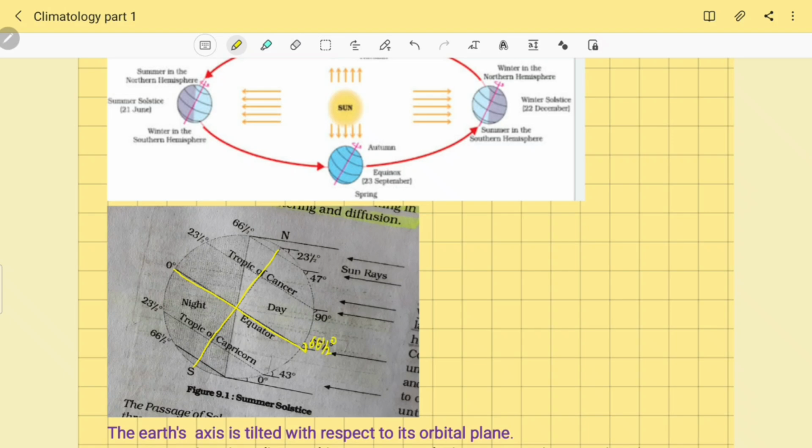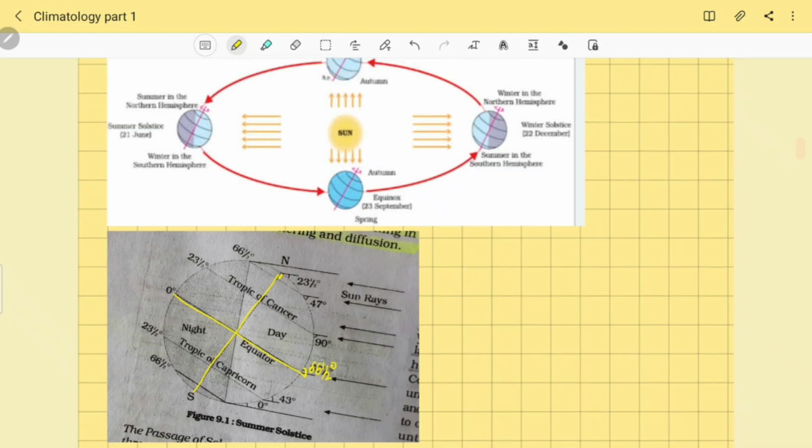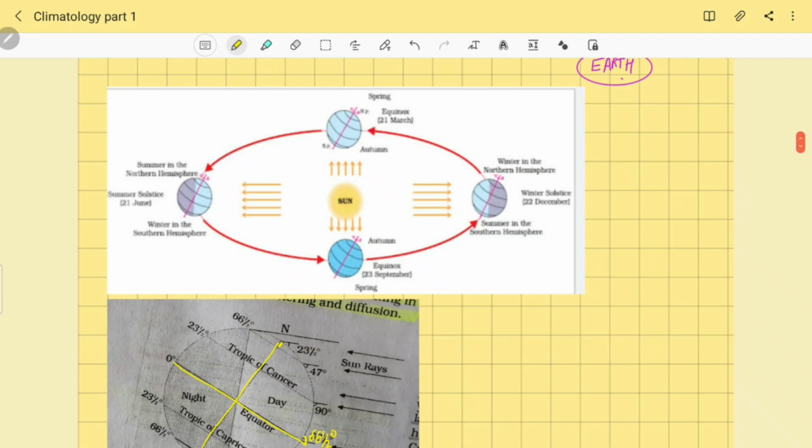This tilt is the reason why we experience different seasons. If you could see here, say sun is in between. Okay, so earth's axis is tilted, right? So here if you could see, it's tilted, you can see that, right?